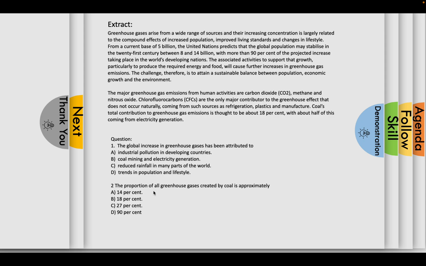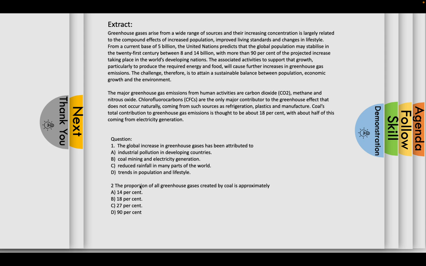Okay, so similarly, go to the second question. The proportion of all greenhouse gases created by coal is approximately. So here we are looking for some number or some amount. Let's see what the second paragraph talks about. In the second paragraph, they say the major greenhouse gas emissions from human activities are CO2, methane, and nitrous oxide. So they are still talking about emissions, but not because of coal, they are talking about human activities.